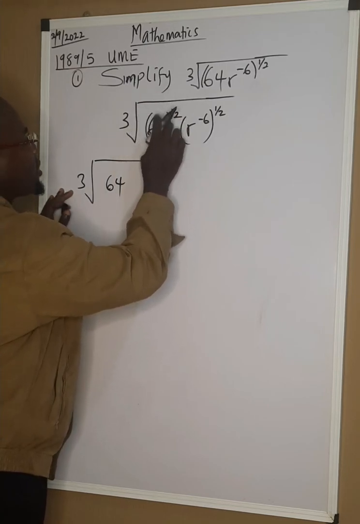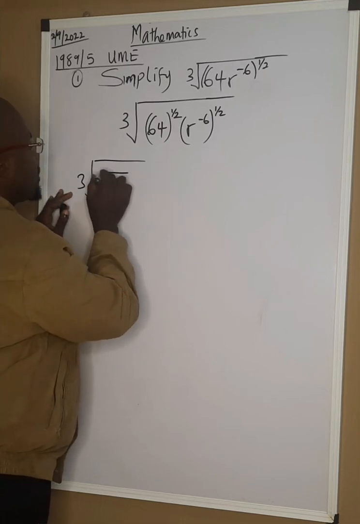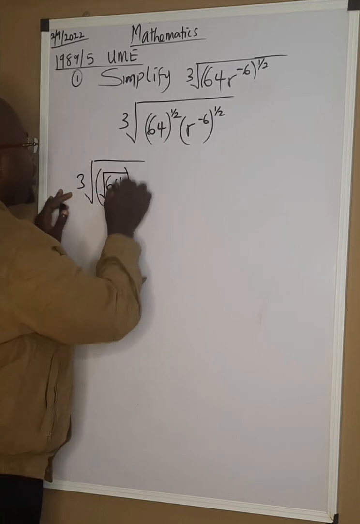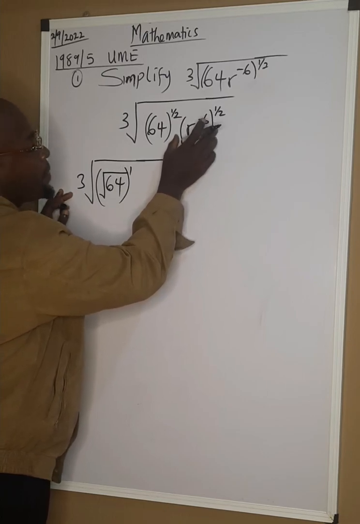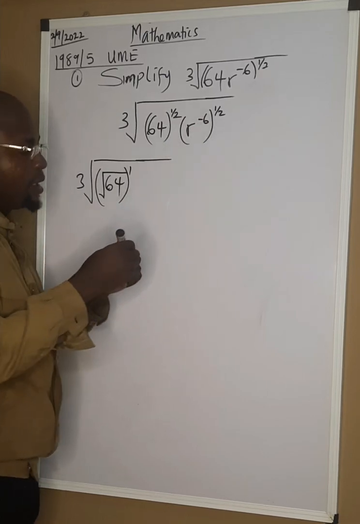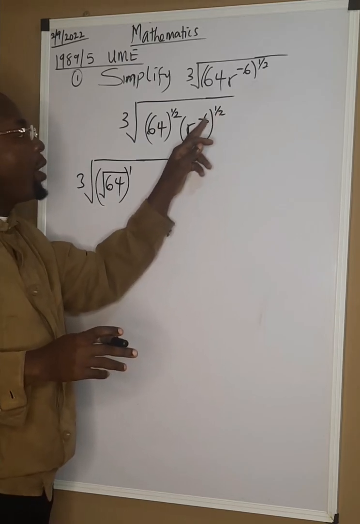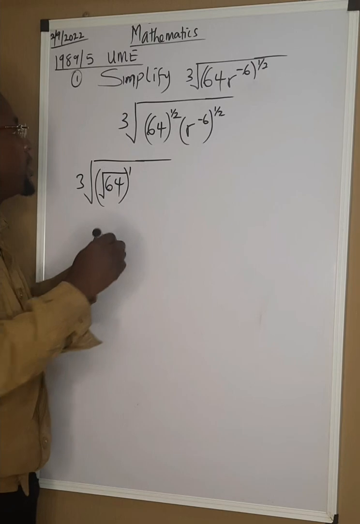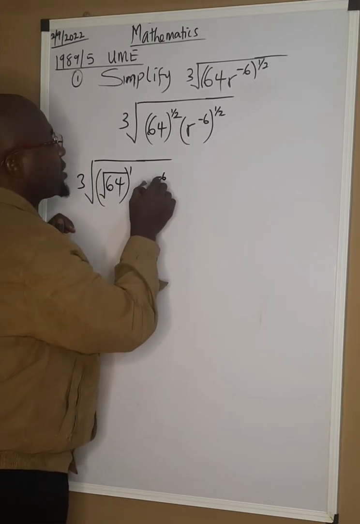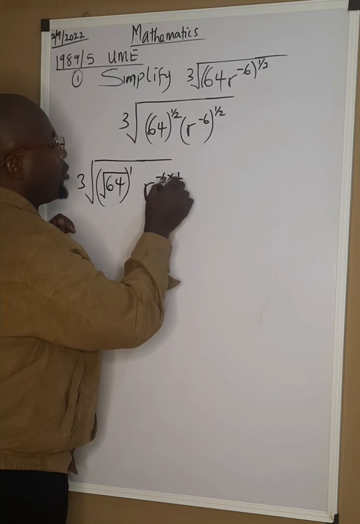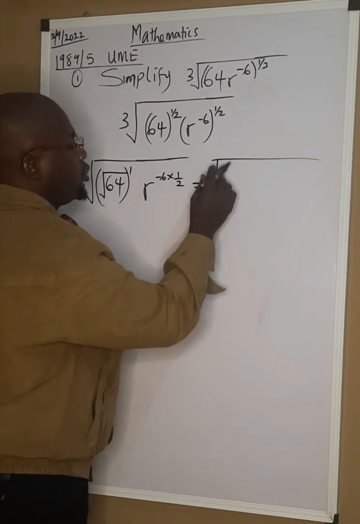This represents the root law of indices, which becomes the square root raised to power 1. Then this represents the power law of indices, whereby the powers multiply each other. So this becomes r^6 times 1 over 2.